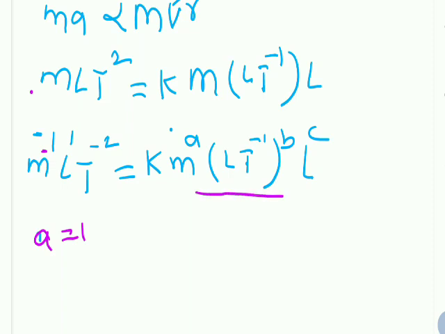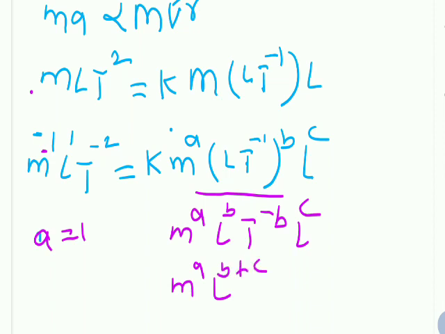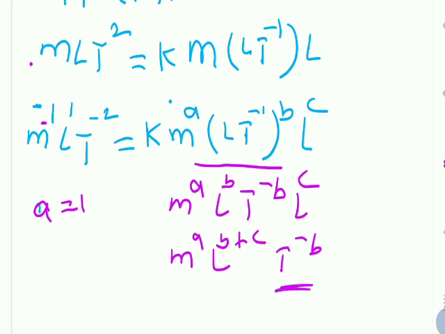In this term M to the power of A, L to the power of B, T to the power of minus B, L to the power of C. So M A L to the power of B plus C and T to the power of minus B. T is equal T to the power of B, so this is minus 2, this is minus B, nothing but minus B is equal minus 2, so B is equal to 2.